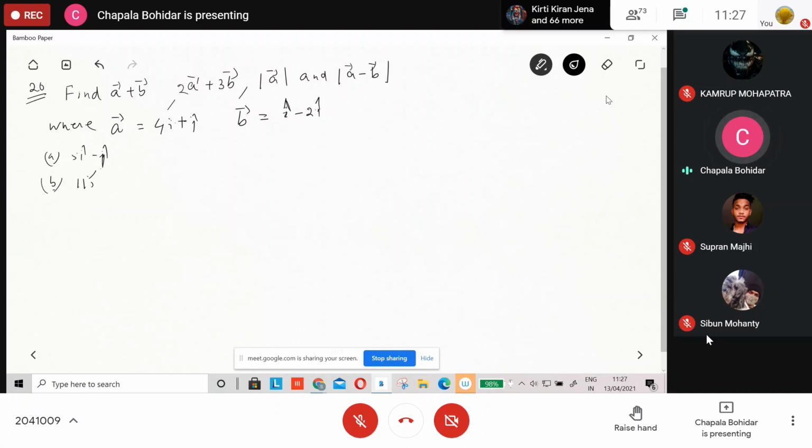Third, root 17, absolute value. Then C, it is D, 3 root 2.